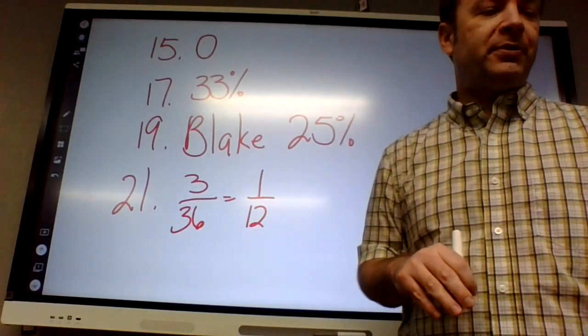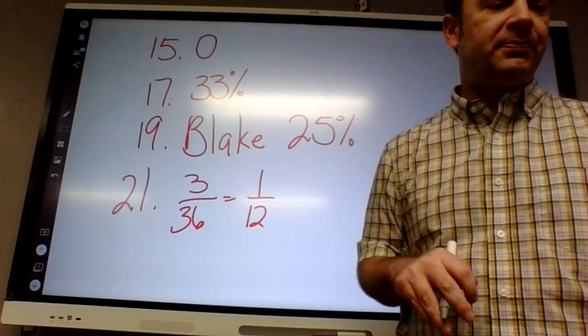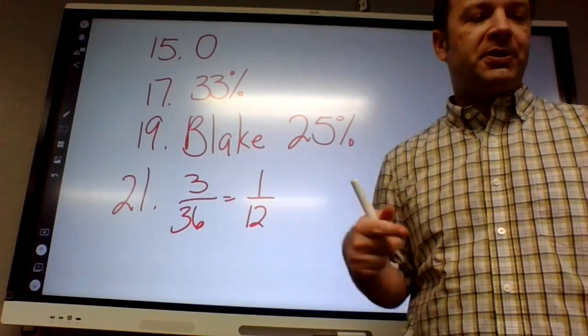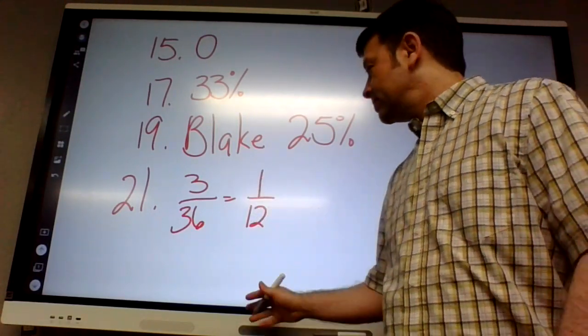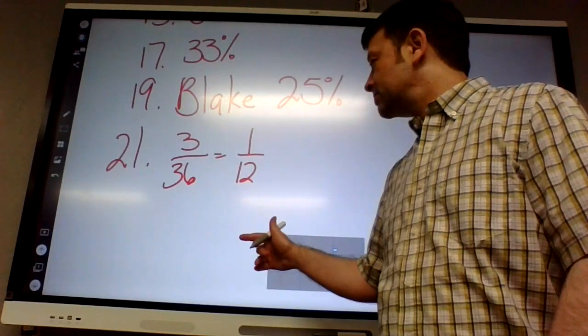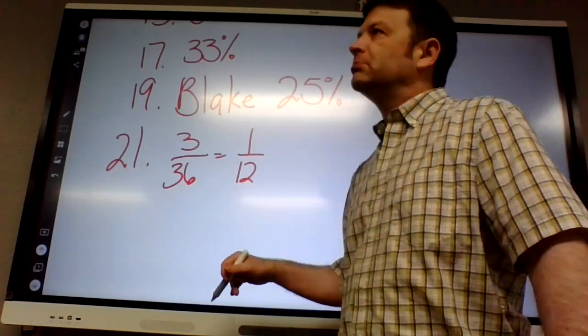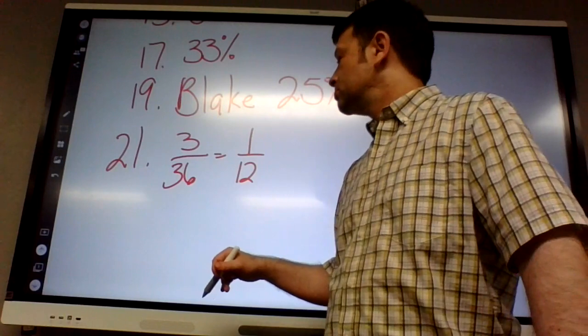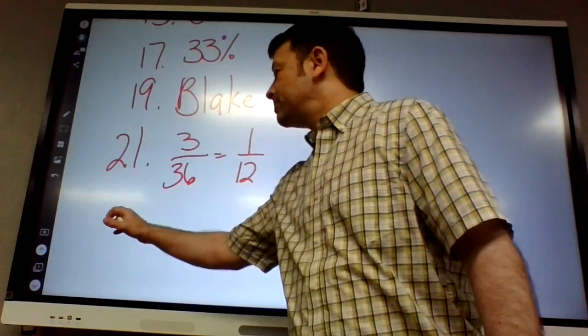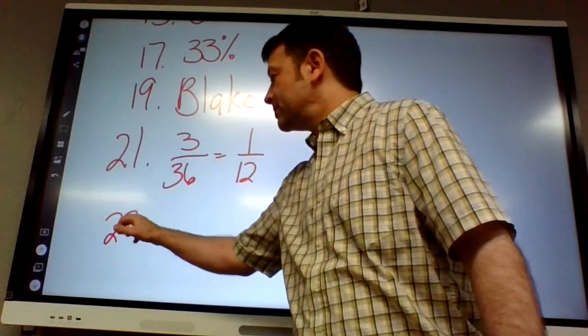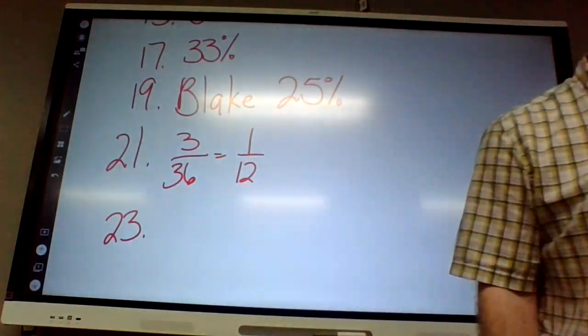The book wrote it all 3 ways: the decimal, percent, and this. What is 1 out of 12? That's like 0.08. Anyways, 8%, we'll just leave it like that. 12 over 100.